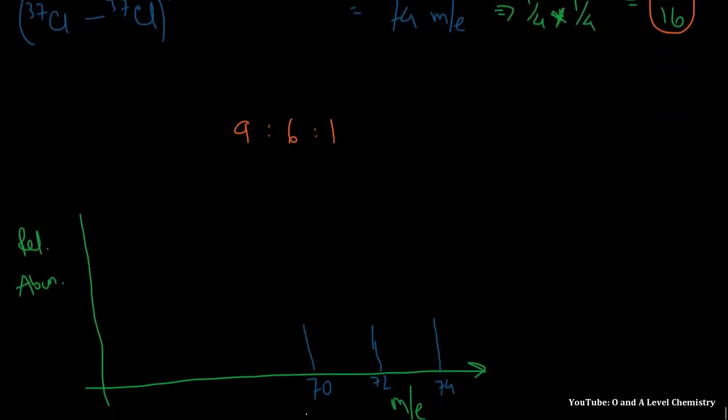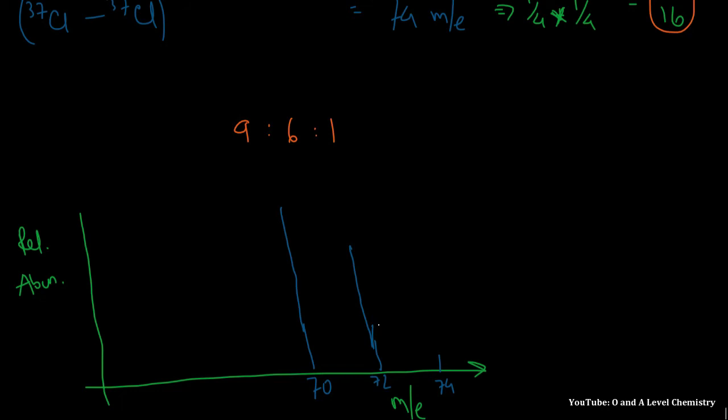The height of the 70 is going to be 9. The height of 72 is going to be 6, so that's probably around here. And the height of this is going to be 1, so we need to make it smaller. So 1 is probably here.